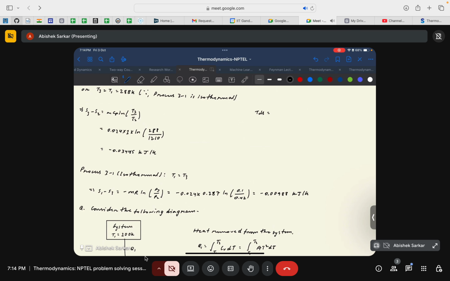I think I messed up. ds is equal to Cp dT minus v dP, divided by T. Now PV is equal to RT, or V by T will be equal to R by P. So ds would be Cp dT by T minus R dP by P. So S2 minus S1 will be Cp ln T2 by T1 minus R ln P2 by P1.